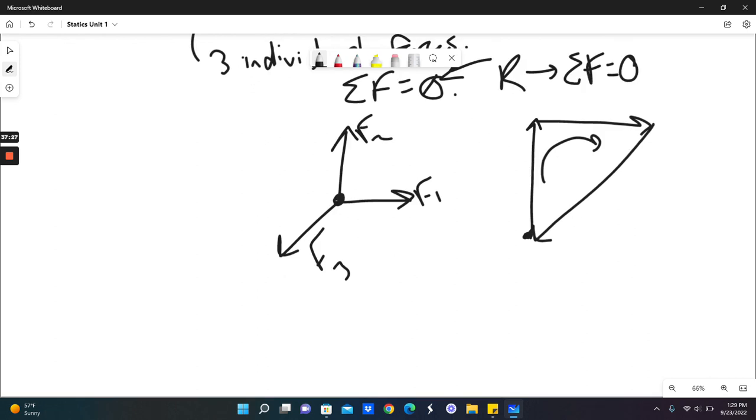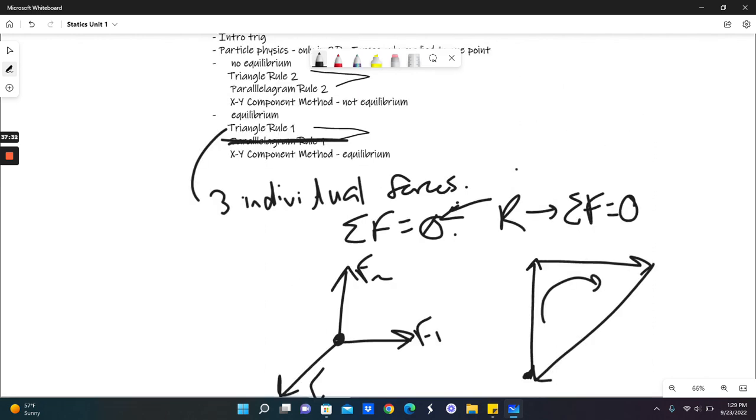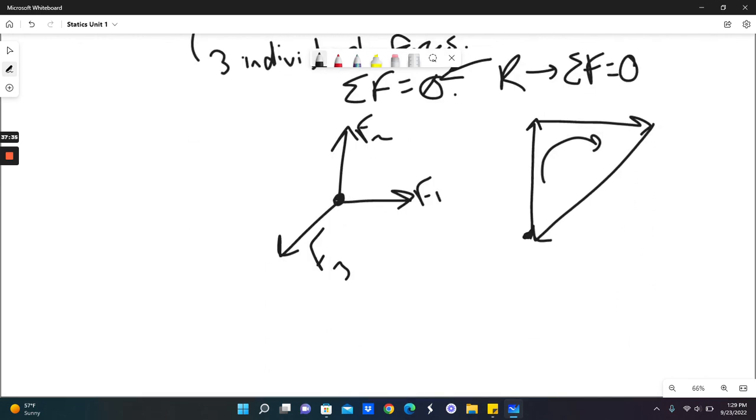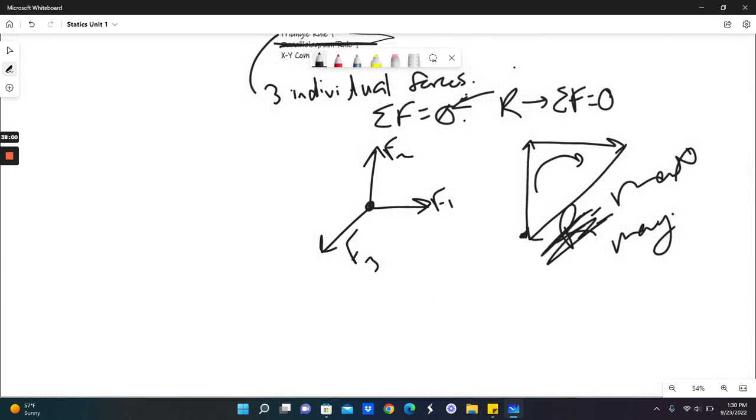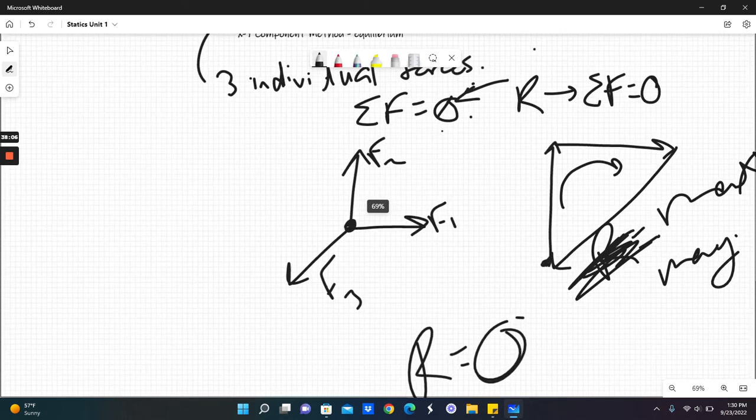You're going to use those same equations, your same law of sines and law of cosines, except you would replace your resultant force with your maximum magnitude force. I don't want to say R equals that because it's not true. R equals 0, in the X direction and in the Y direction.